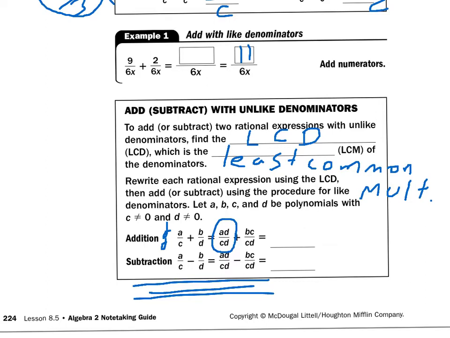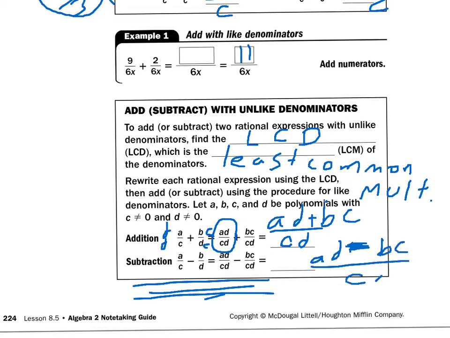And I multiply the right one by c over c to make it bc over cd. Now I have cd, like terms on the bottom, so on top I have ad plus bc. And it's the same thing for this next one, it just ends up being ad minus bc, sorry, all over cd.